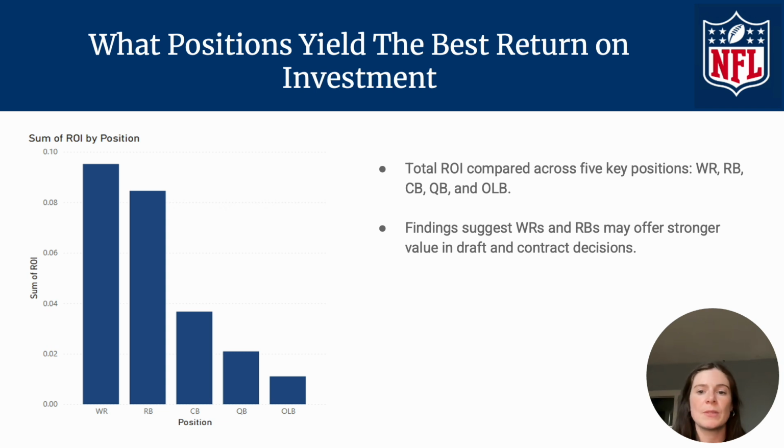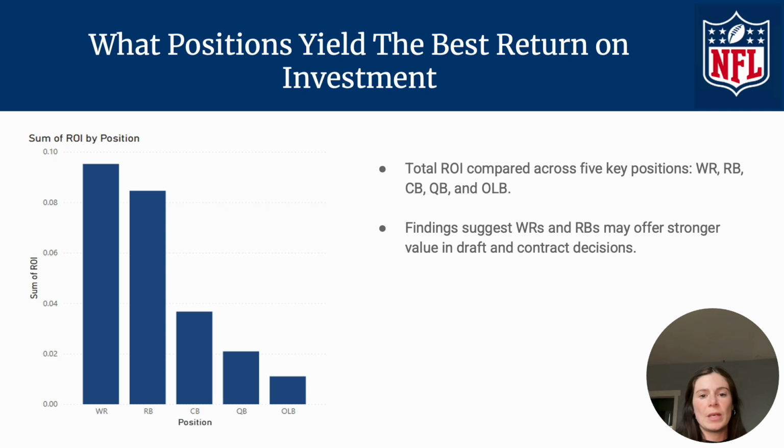By focusing on these positions, we were able to identify trends in which roles consistently offered better games played per dollar spent. This comparison also accounts for position-specific differences in career length, injury risk, and helps teams optimize salary cap allocations based on historical return on investment patterns.